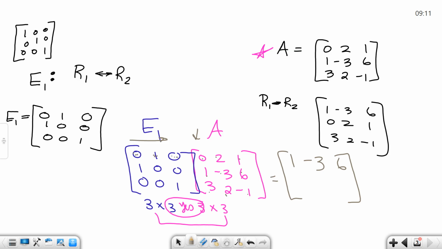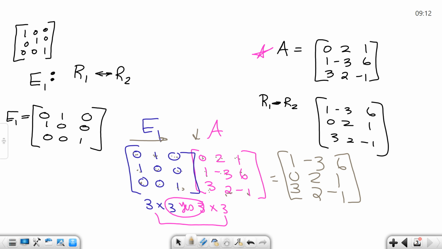Okay, second row. 0, 0, 0. 2, 0, 0. 1, 0, 0. Bottom row. 0, 0, 3. 0, 0, 2. 0, 0, -1. So what I got there by multiplying the blue and the pink matrices was the same thing that I got when I interchanged rows 1 and 2.